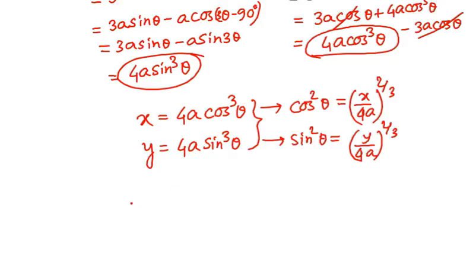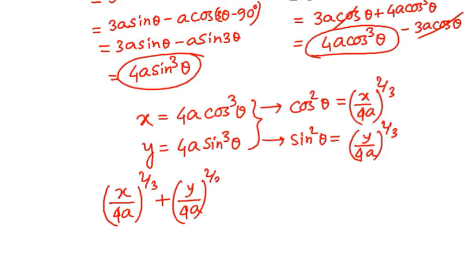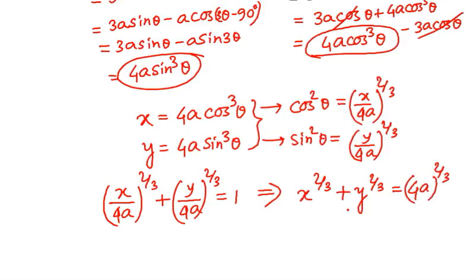So we can eliminate the parameter theta to get the locus, and for eliminating we know cos square theta plus sine square theta will come out to be 1. So that implies the locus equation will become x to the power 2 by 3 plus y to the power 2 by 3 is equal to 4a to the power 2 by 3. So this is going to be our locus equation.